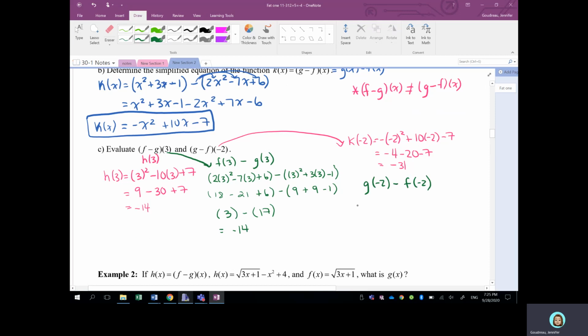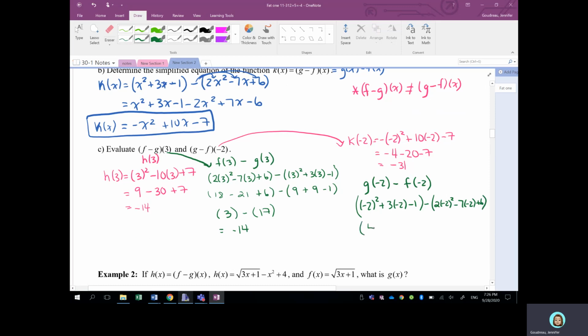So plugging in, we would get negative 2 squared plus 3 times negative 2 minus 1, that's plugging into our g at x, minus 2 times negative 2 squared minus 7 times negative 2 plus 6.